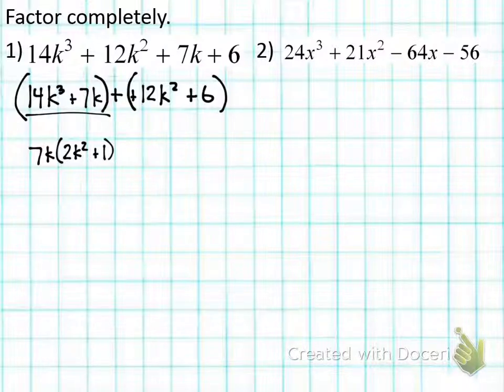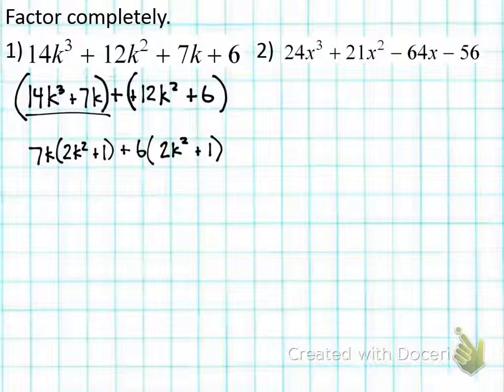Then I'm going to bring that plus sign down that I added in there. Doesn't really change anything. Okay, we're asking ourselves again, what's the common factor that's in 12k squared and 6? It's positive 6. Okay, so 6 times 2k squared is equal to 12k squared, plus 1.